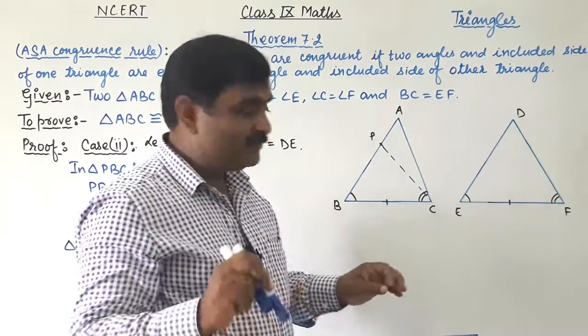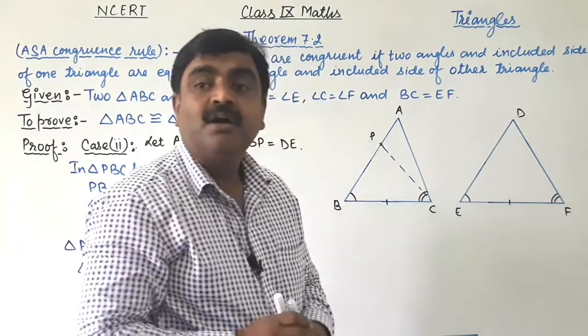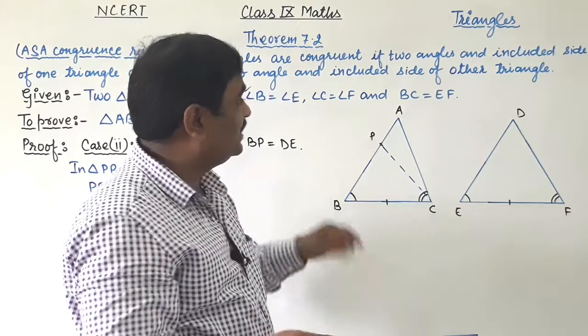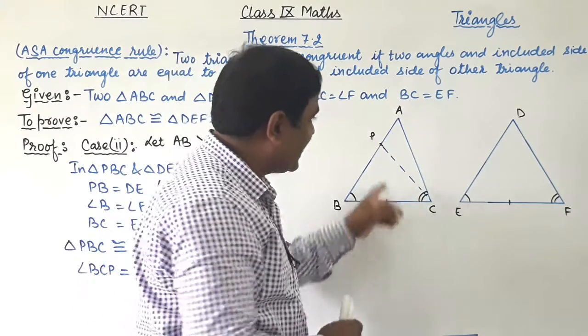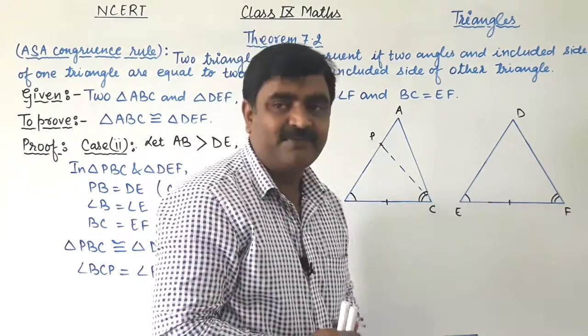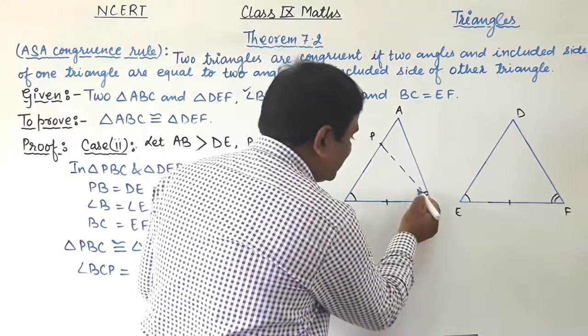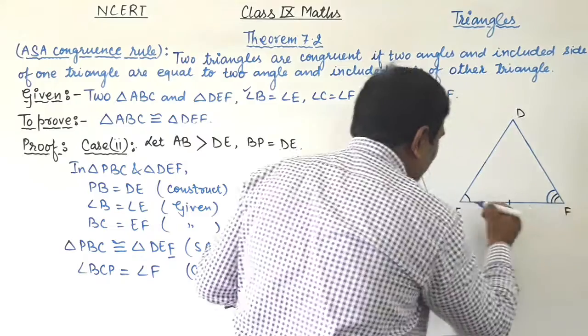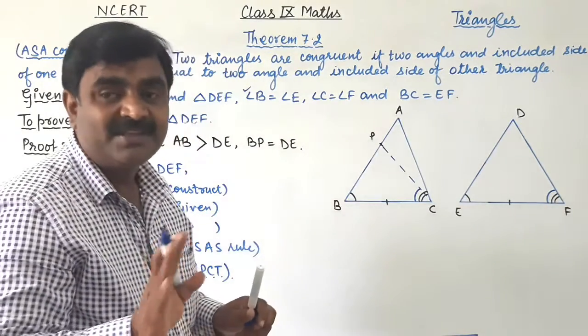BCP is equal to this angle F, while in the question it is given that angle ACB is equal to angle F. So how is it possible that this angle is equal to this angle? It is impossible.